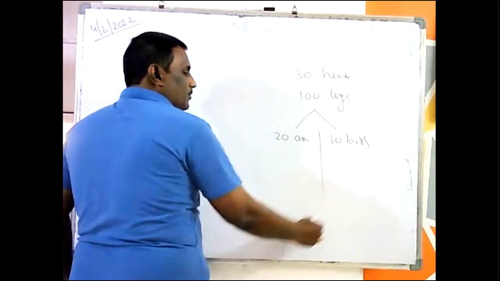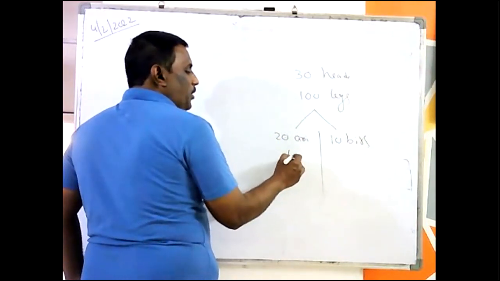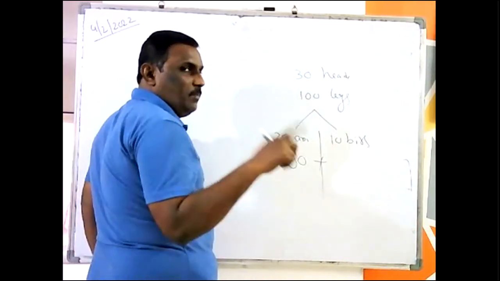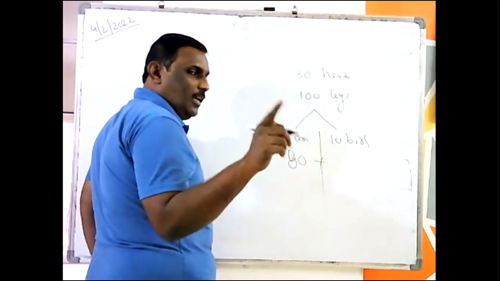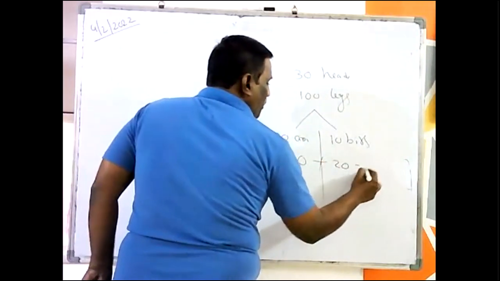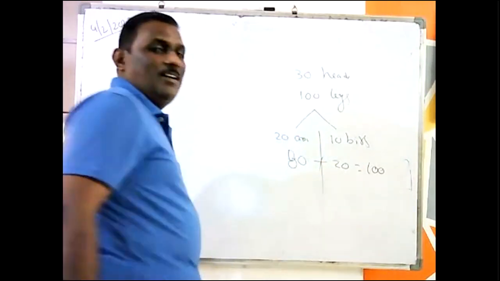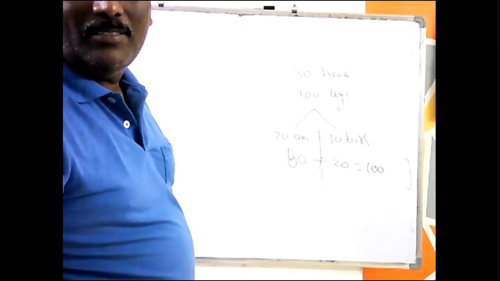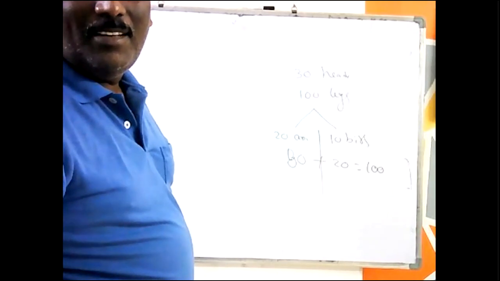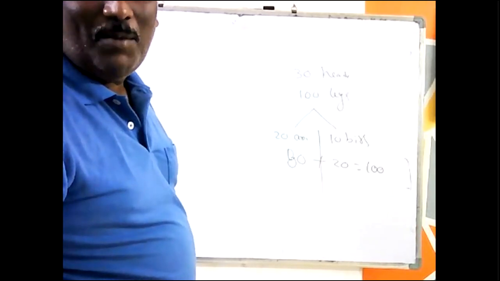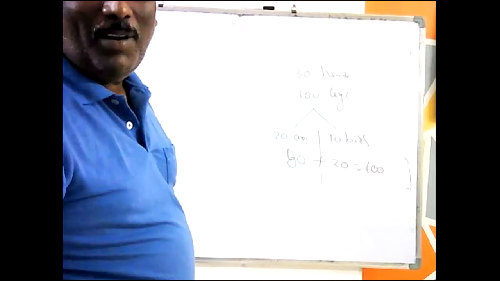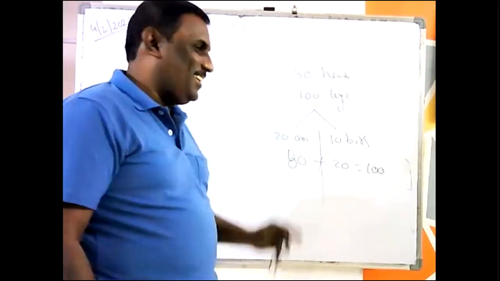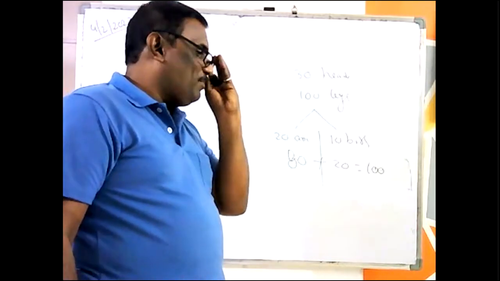This is the answer. 20 animals, 20 into 4, 80 legs. 10 birds, each bird will have 2 legs, unless legs are broken. 20. So, 100. I asked this question with conditions apply, if no physically handicapped animals. That's why I told you, no conditions apply.